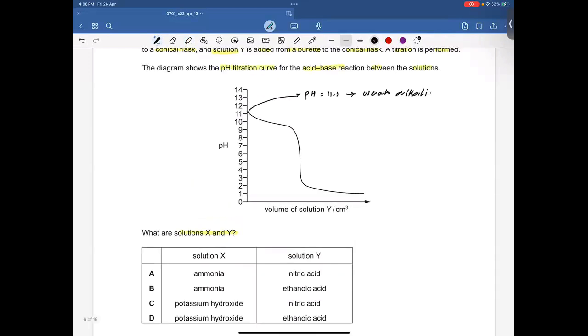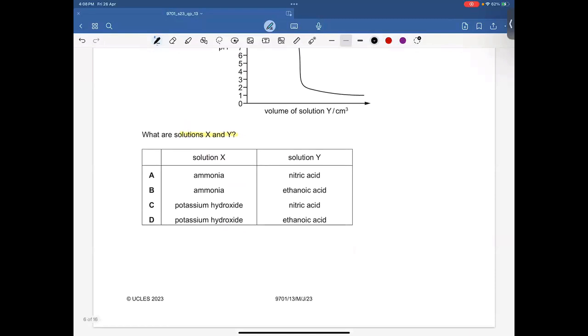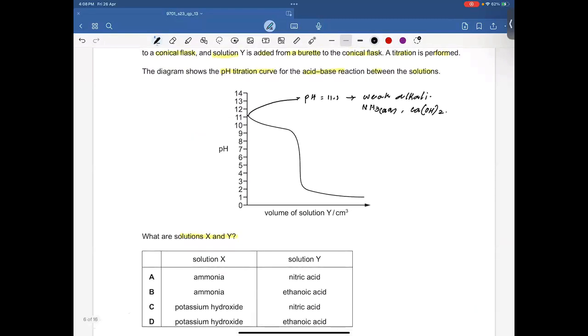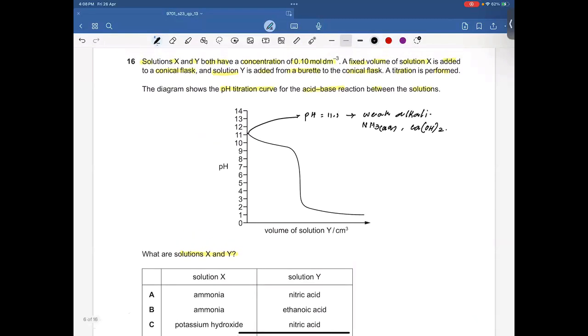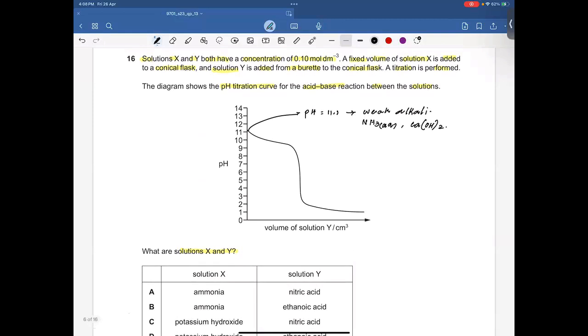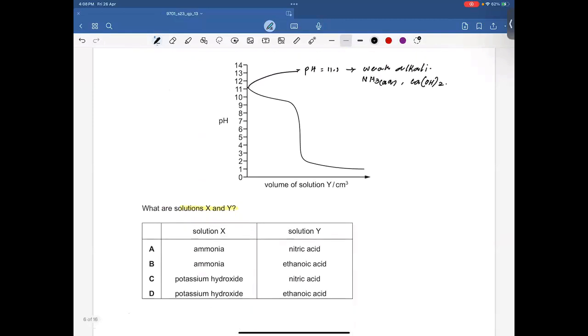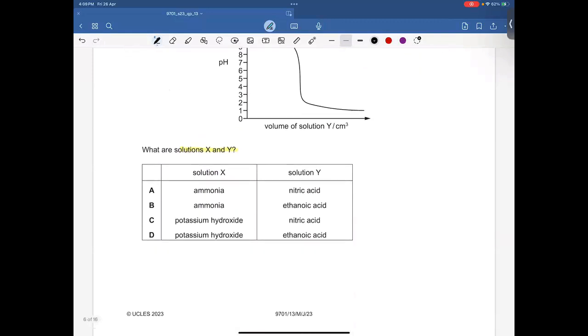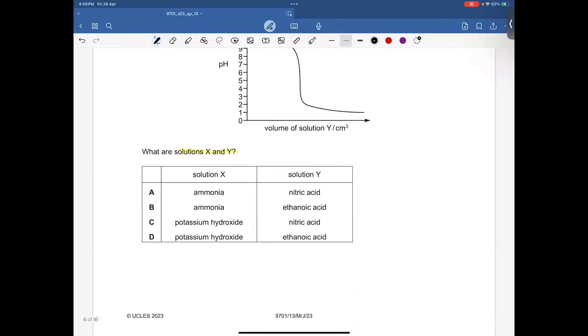Weak alkalis include aqueous ammonia, which is also called ammonium hydroxide, and calcium hydroxide. So solution X must be ammonia because it is a weak base. Obviously, C and D options are absolutely incorrect.